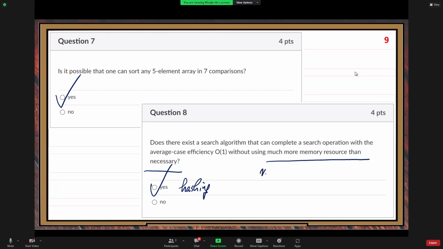So here, remember the number of elements n to be stored in a hash table and the number of slots m in the hash table.